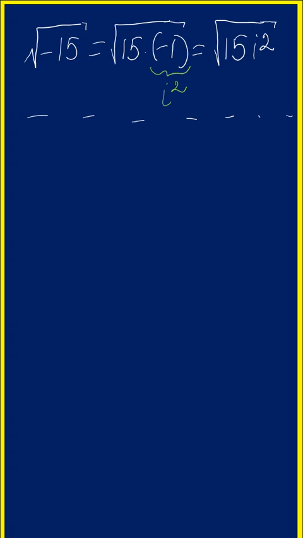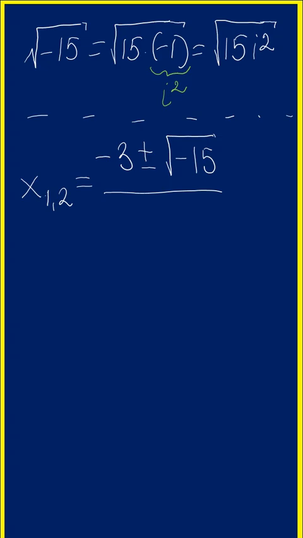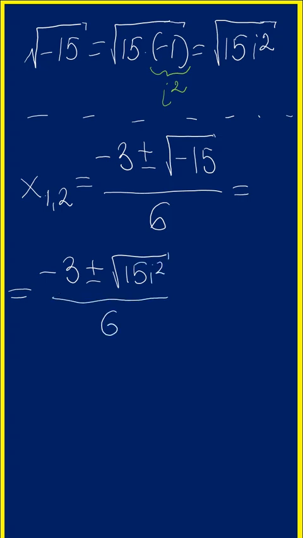So we have from the previous slide x sub 1, x sub 2 equals negative 3 plus or minus square root of negative 15 divided by 2 times 3, it is 6. Now we keep going. We have negative 3 plus or minus square root of 15 i squared divided by 6.